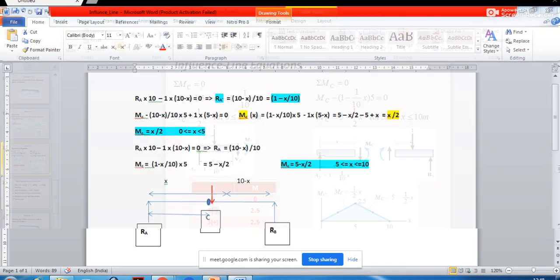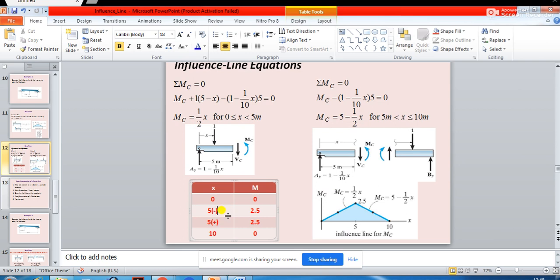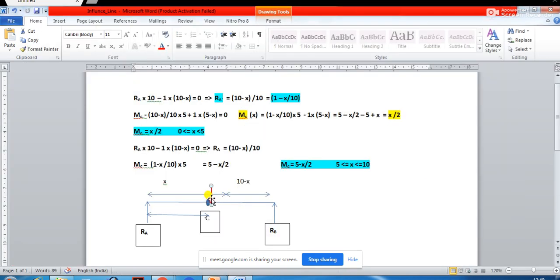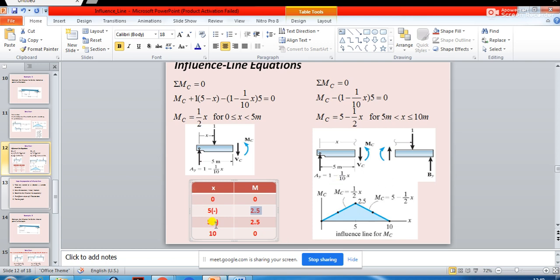That means up to this 5 minus, this equation MC equal to half x will be valid. So just left of C, if you put x equal to 5 over here, the value of MC will be 5 by 2, which is equal to 2.5. Now when this load is just crossing this point C, which equation will you have to use?